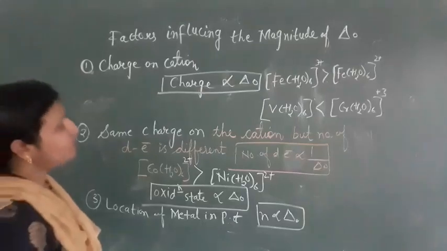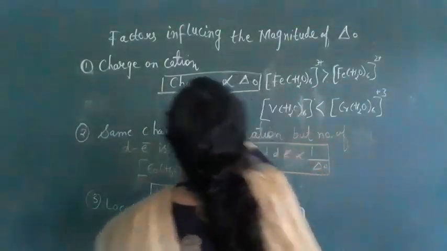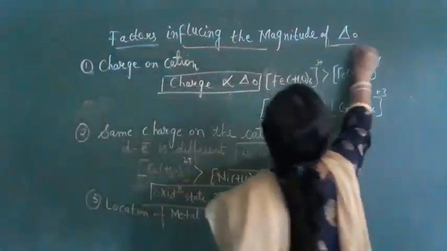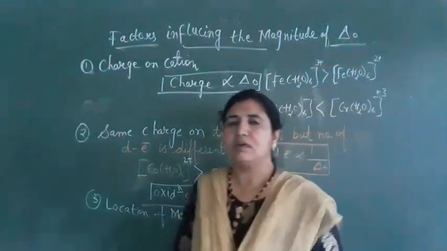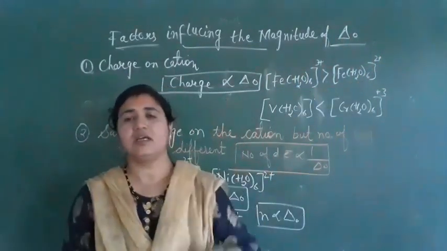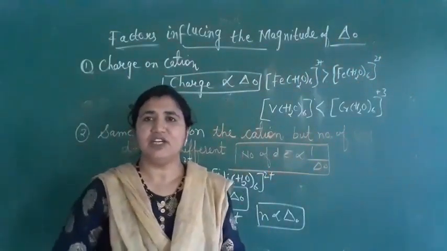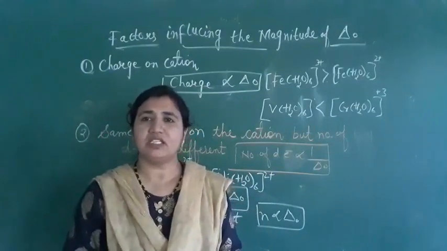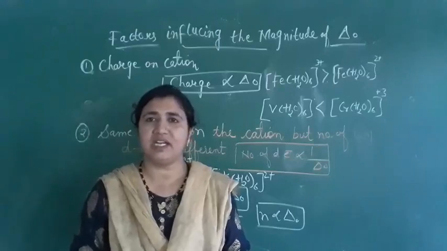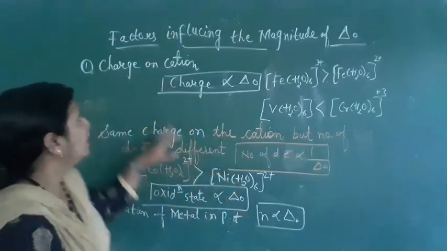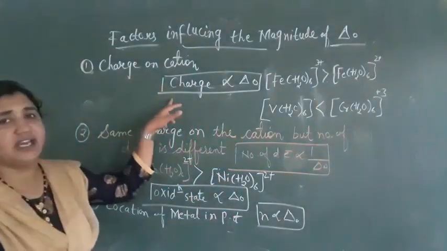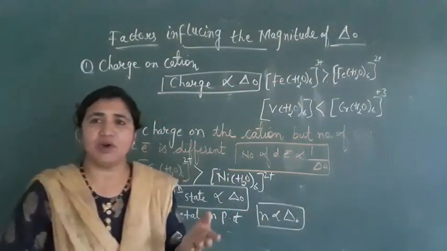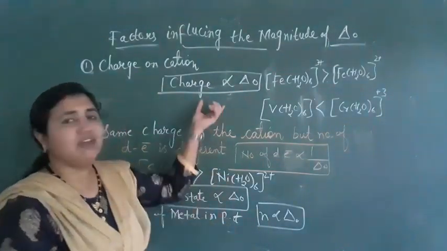Please see this point also: factors influencing the magnitude of delta O. As I said earlier, the magnitude of the splitting delta value does not depend only on strong field and weak field ligands, but it also depends on the first factor, the charge on the cation. If the charge on the cation is more, then the splitting will be more.